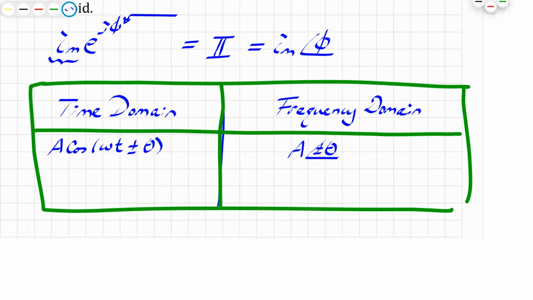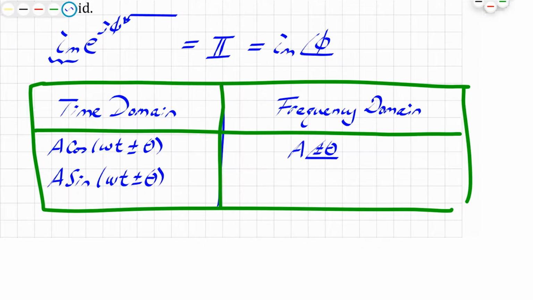If the function is a cosine function, be very careful. We need to first convert a sine function to a cosine function. Remember, when we do that, sine omega t is equal to cosine omega t minus 90 degrees.